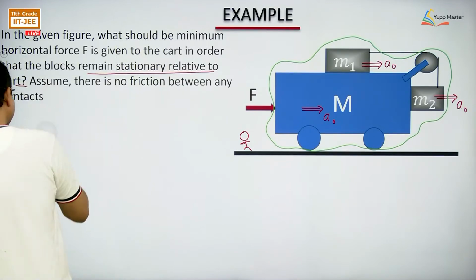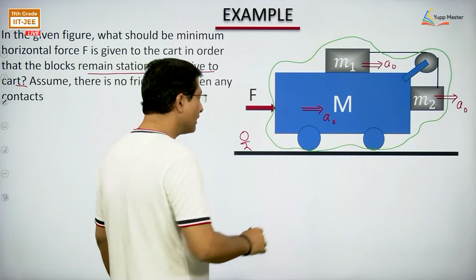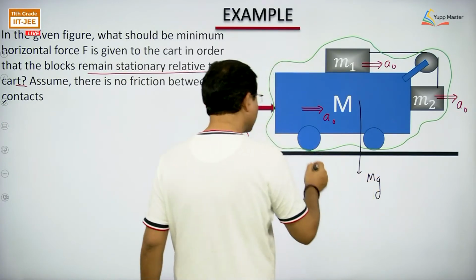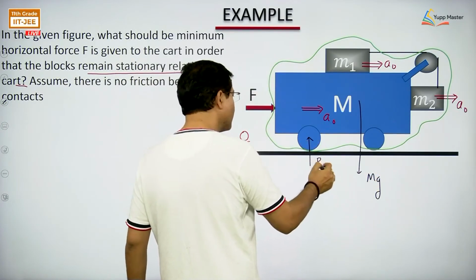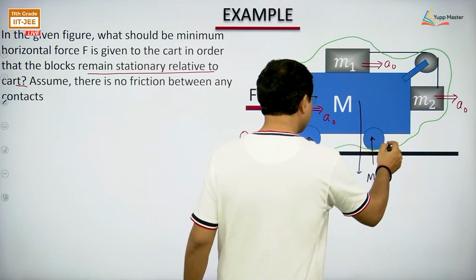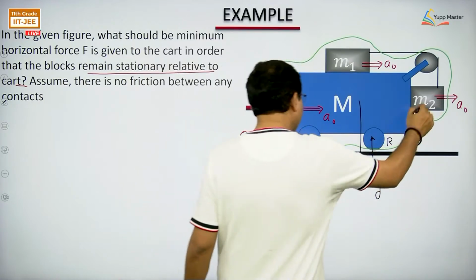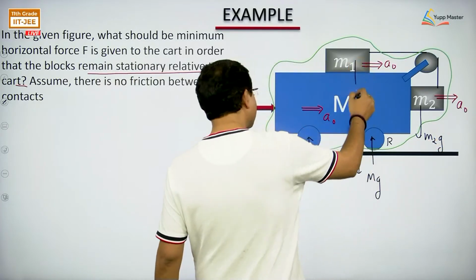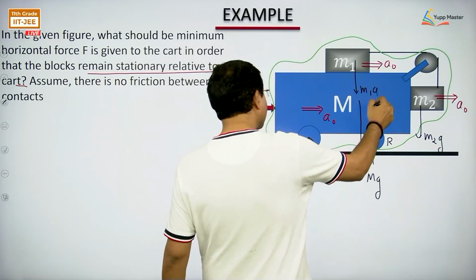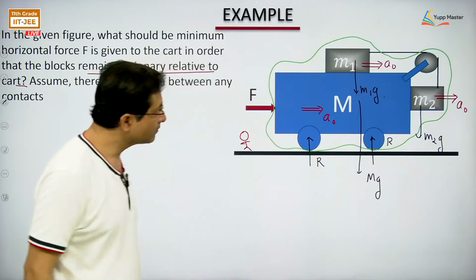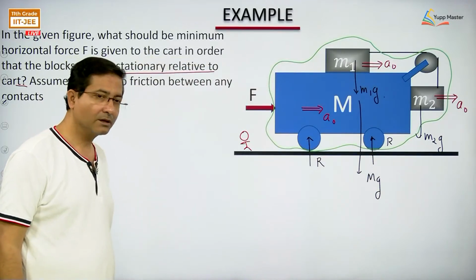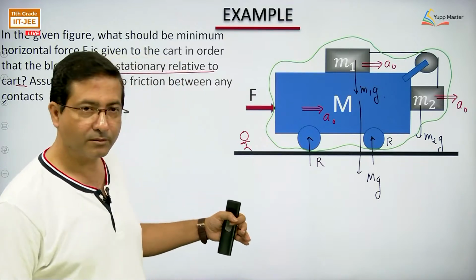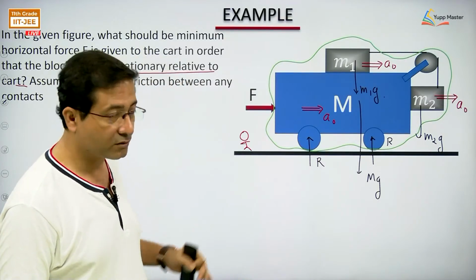So external forces, I can see mg here, the reaction coming from this one, then m2g of this one, and m1g. So these are the external forces on the system.